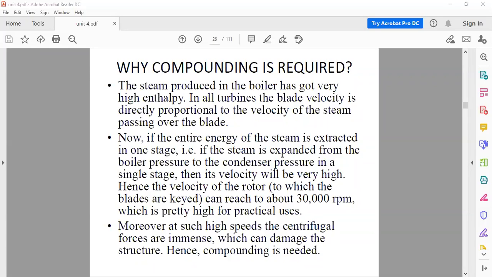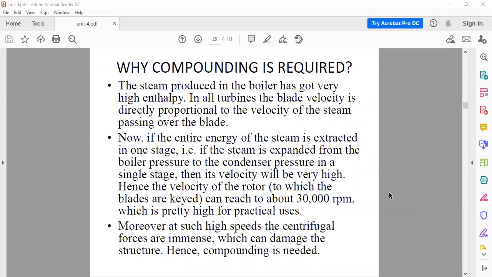If the entire energy of the steam is extracted in one stage, that is, if the steam is expanded from the boiler pressure to the condenser pressure in a single stage, then its velocity will be very high, and hence the velocity of the rotor to which the blade is geared can reach about 30,000 rpm, which is too high for practical use.